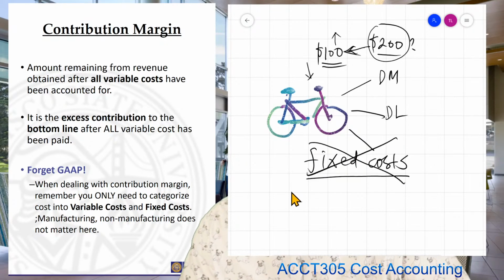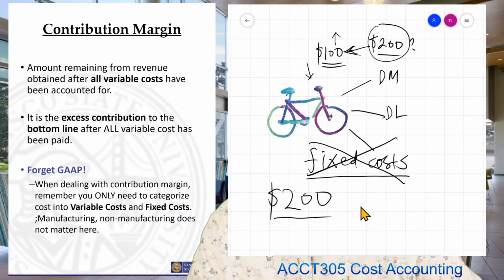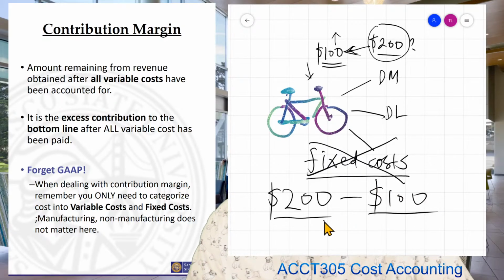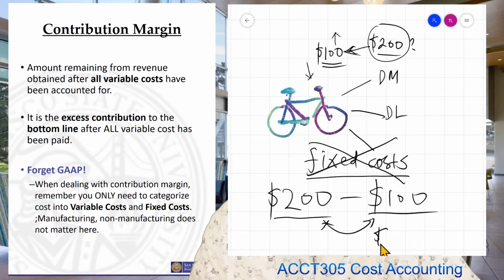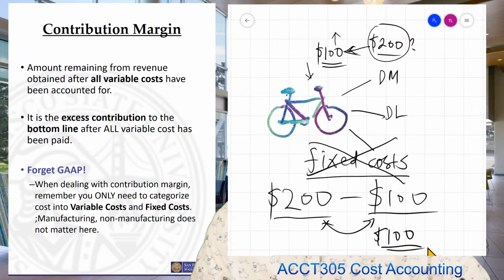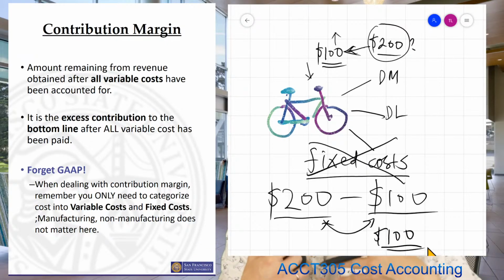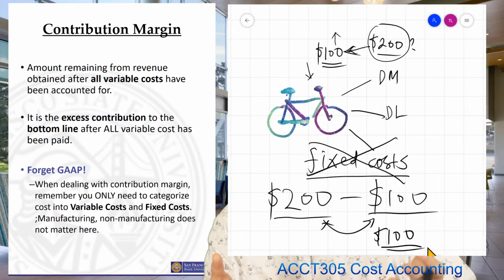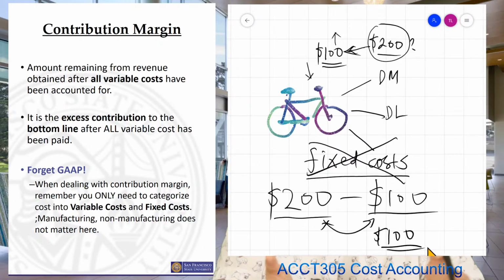But what we do know is that for every bicycle sold at $200, over and above that $100, this difference here, that $100, the money can go to help us make our ends meet, right? To help towards our operating income.